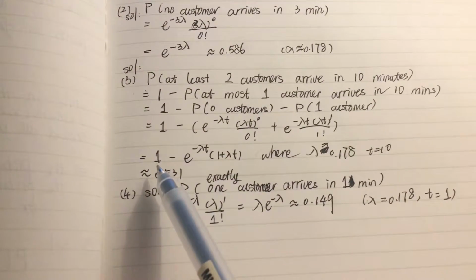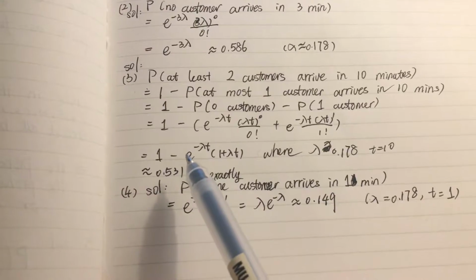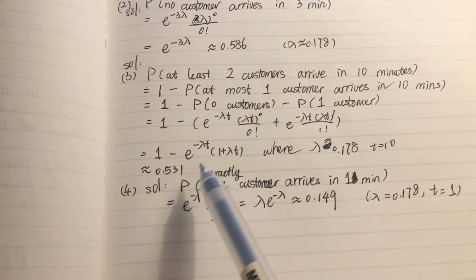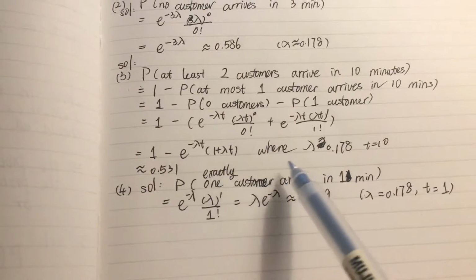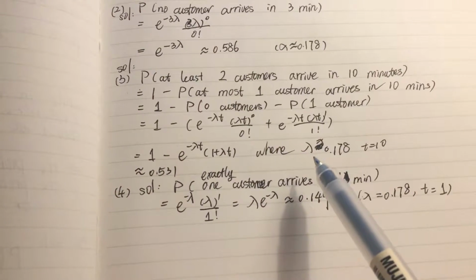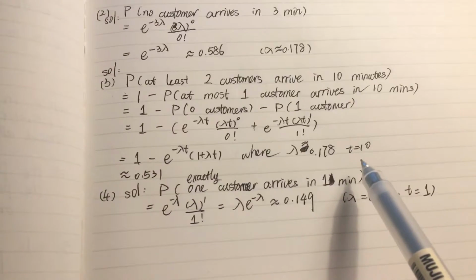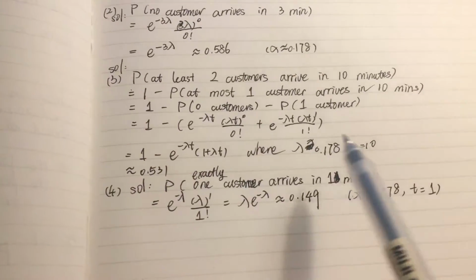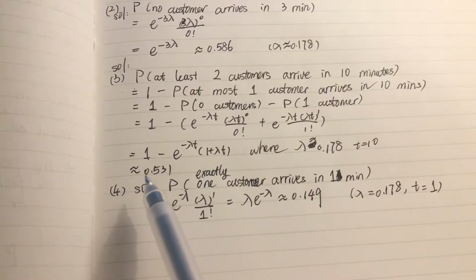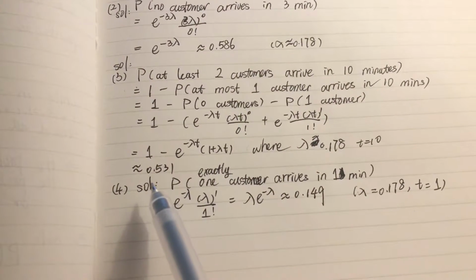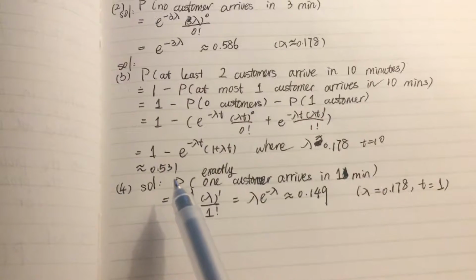Then this can be rewritten as 1 minus e to the degree of minus lambda t times 1 plus lambda t, where lambda is approximately 0.178 and t equals the constant value of 10. This should be approximately 0.531, giving the result for the third question.